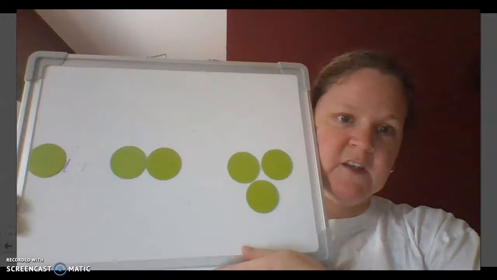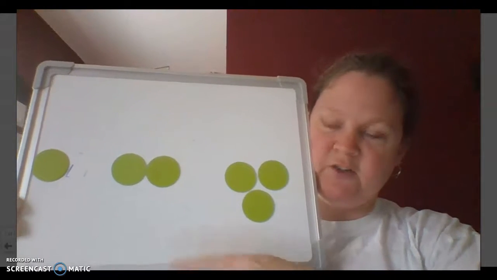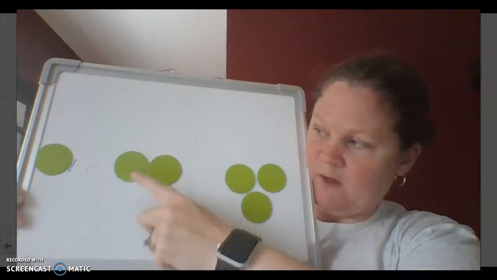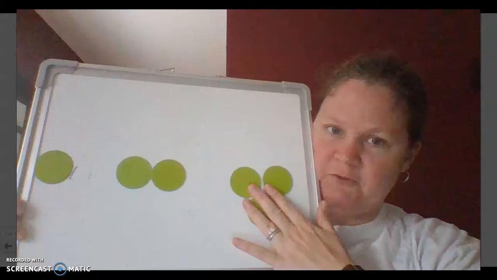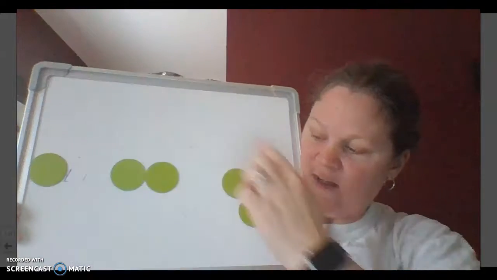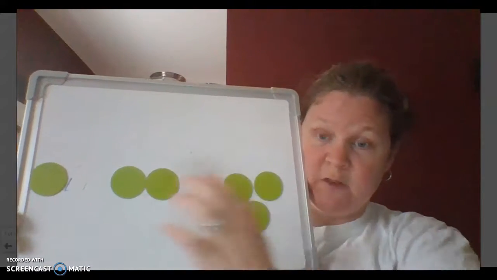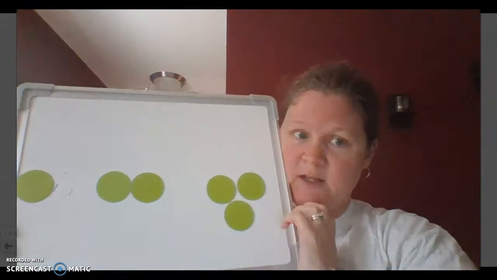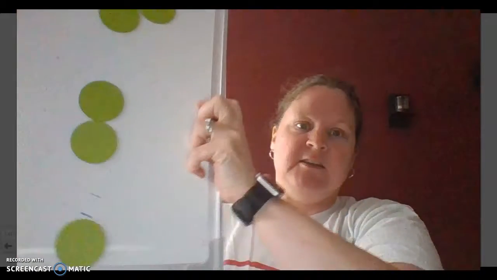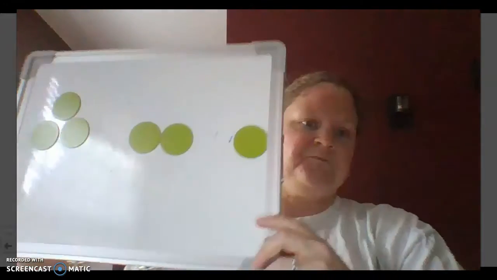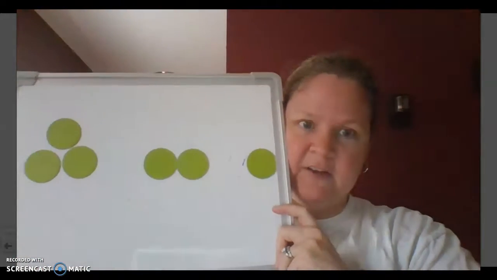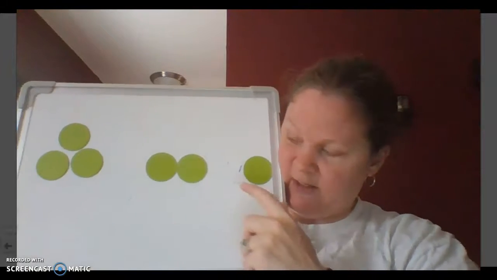You know what? Let me do this like this. So this is order from least to greatest. I go 1, 2, 3. So this is the least. This is the greatest. Greatest is most. Least is smallest. I could flip it. And now I have it from greatest to least.